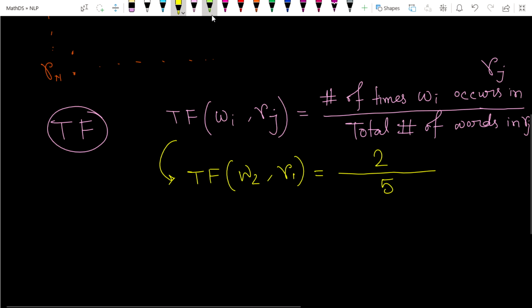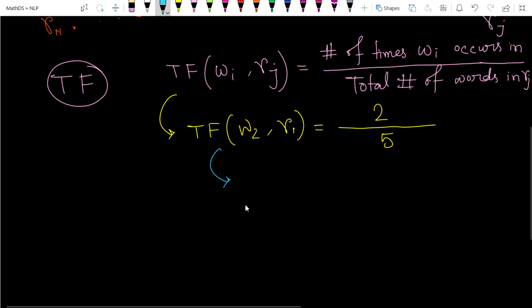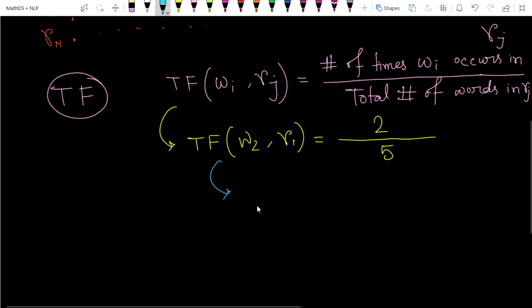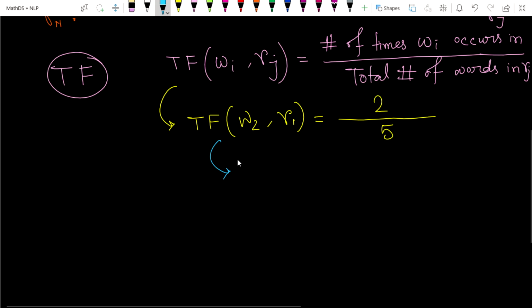So you can treat this thing this way: this is how often does this wi occur in RJ. That is the English meaning of it.